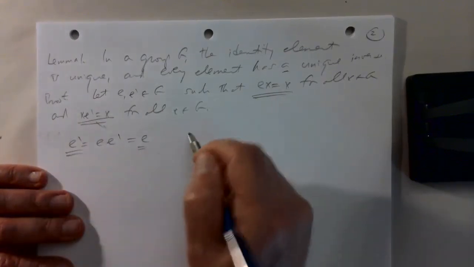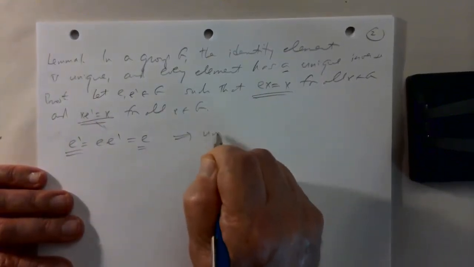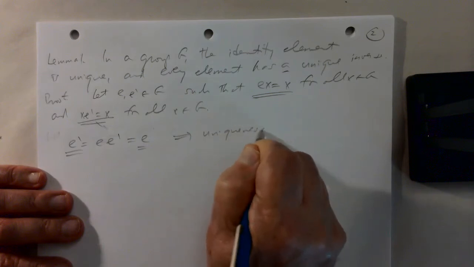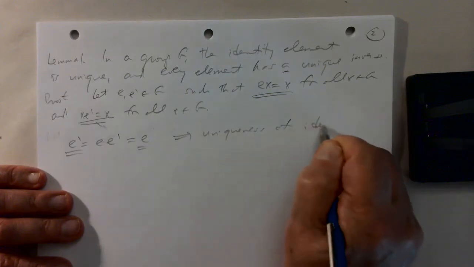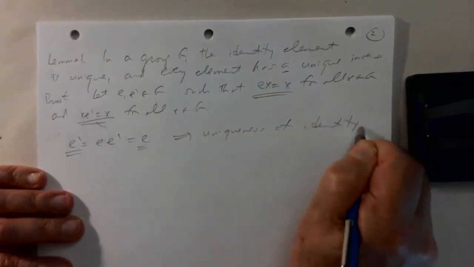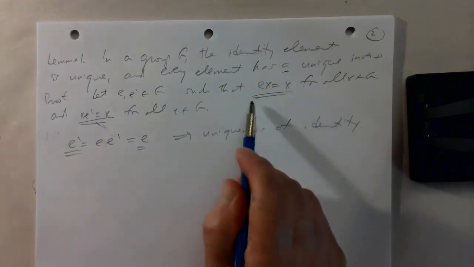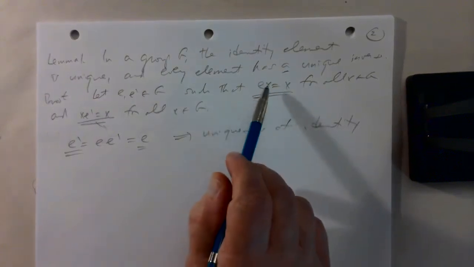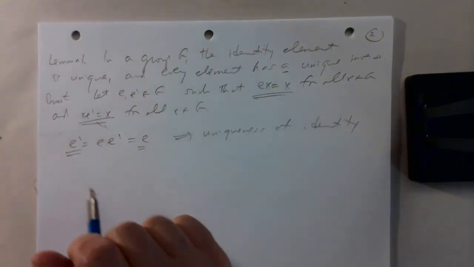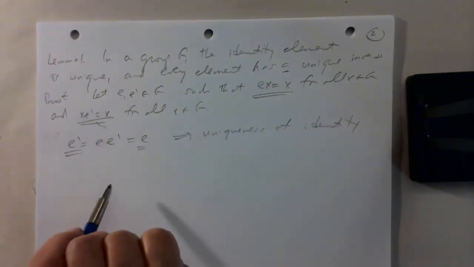So E prime equals E. So that shows the uniqueness of the identity. Now, a lot of times in mathematics, things are so simple, they're hard, or they take a while to understand. So you have to spend some time to understand why this equation and this equation imply the uniqueness of an identity. But they do.